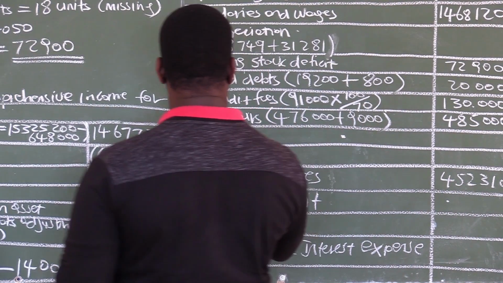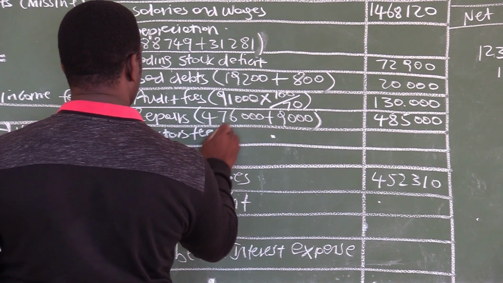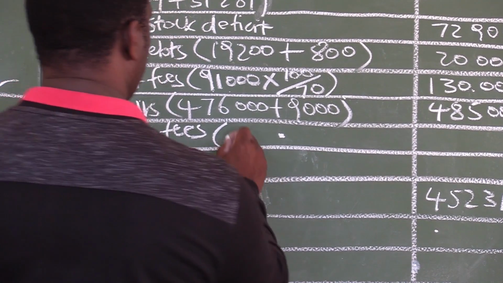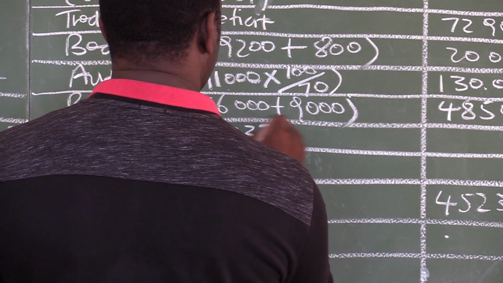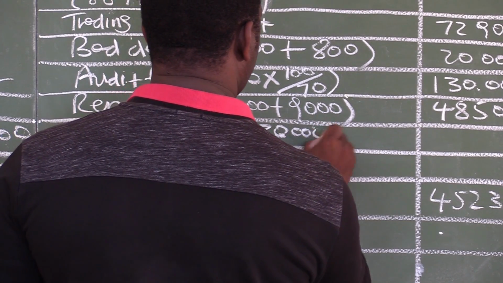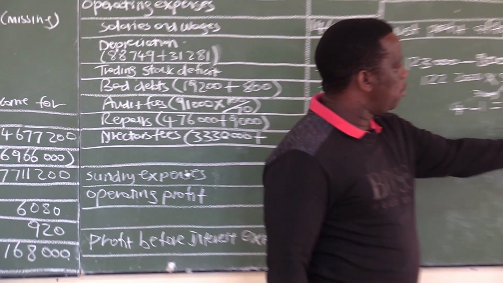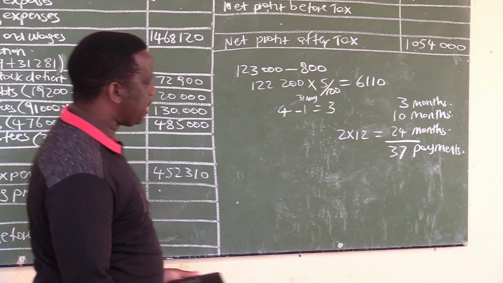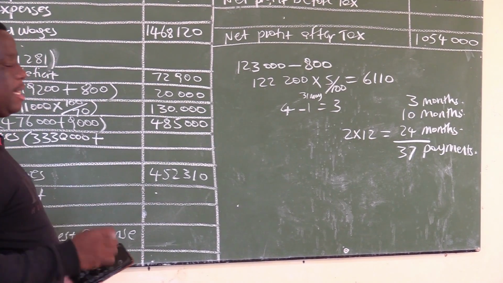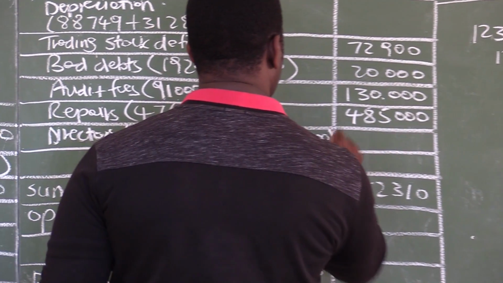So director's fees, we have 3,330,000 plus the two payments that are owed to the director who is still there, who is owed for January and February. If each payment is 90,000, two payments will be 180,000.